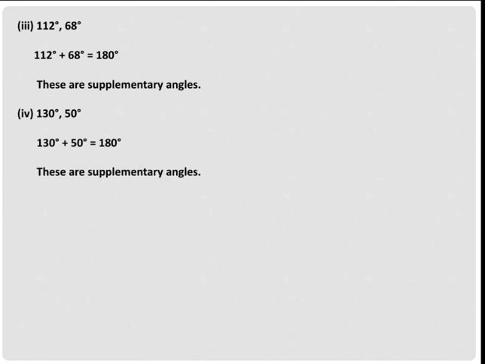So these are supplementary angles. 45 degree and 45 degree, add these two. 45 degree plus 45 degree is equal to 90 degree. So here we can say that these are complementary angles.